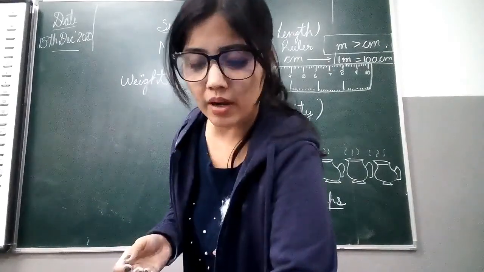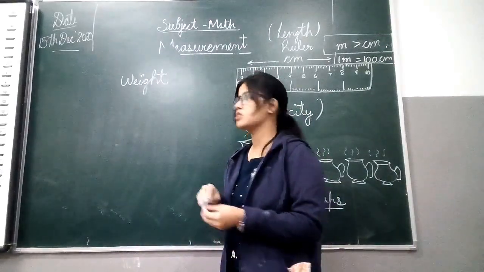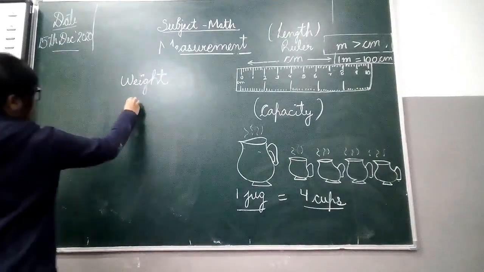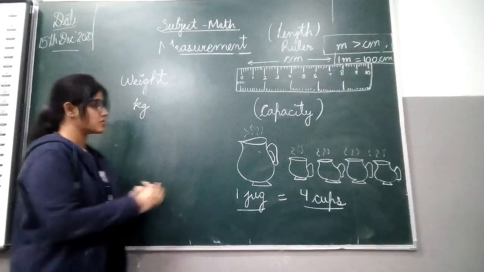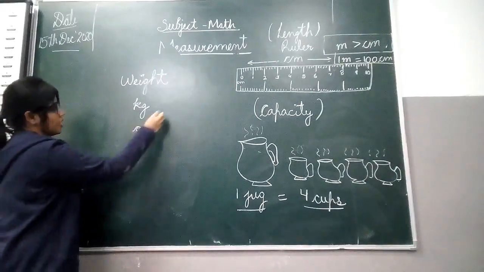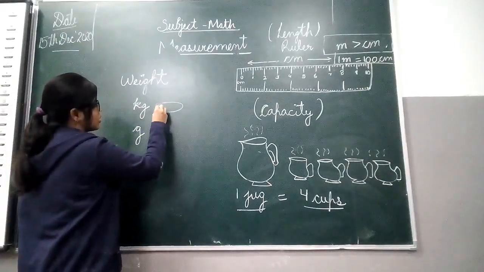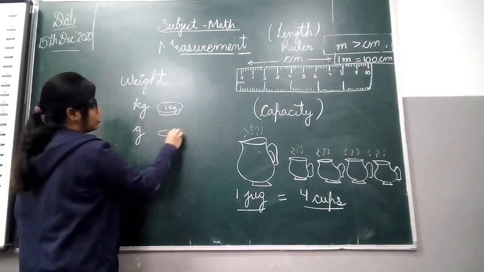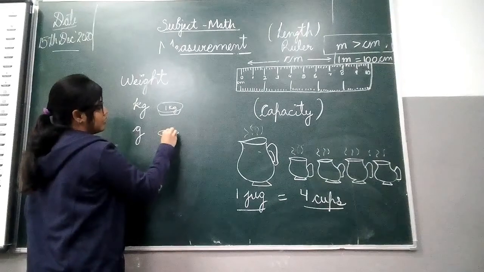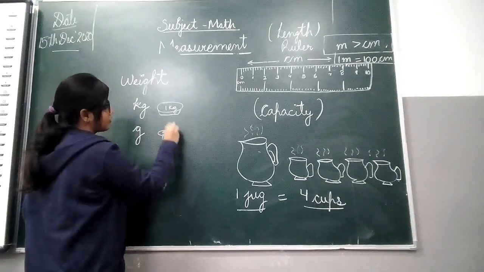Now to measure its exact unit, we use kilograms or grams, with weighted stones, such as 1 kg or 500 grams, which we can call half kg.